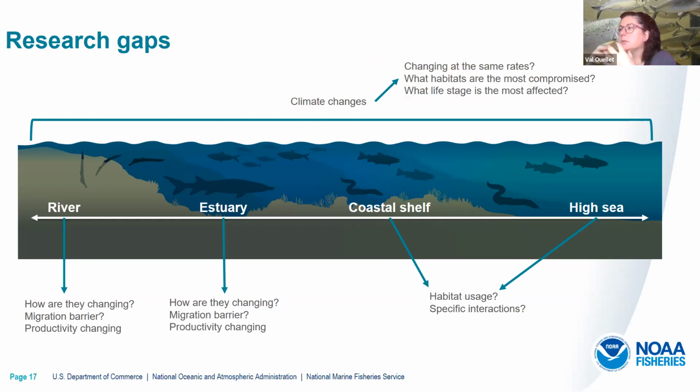And this is really important because by understanding all that we can get into understanding what are the habitats that are the most compromised. They need all these different habitats in freshwater and marine and estuaries to complete the life cycle. So we can start thinking about what are the most compromised habitats and what life stages are the most affected.